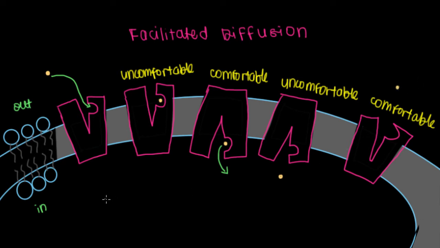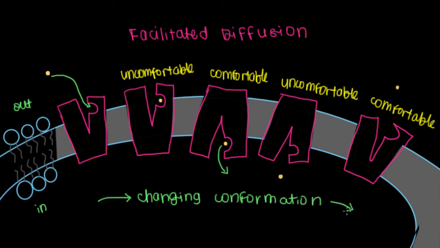And so what our protein is doing along the way is changing its conformation. And the conformation is just the pose the protein is taking. It changes its conformation, whether it's binding the chloride ion, as it did here to become more comfortable, or if it's not holding the chloride ion, as it did here when it was uncomfortable, to shift always to a more comfortable position.